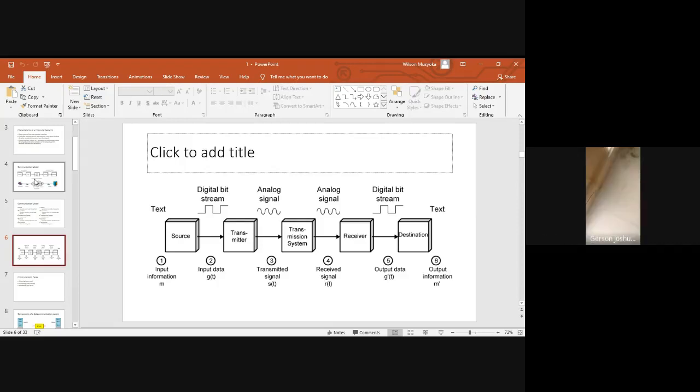It gets to the receiver, which could be a modem or a router or any other device at the recipient. Then that analog signal is translated back into a digital bit stream, which can become a video or an audio which can be read by the user. So that is the communication model or the communication system which we had referred to at first. So I hope that is clear to everyone.